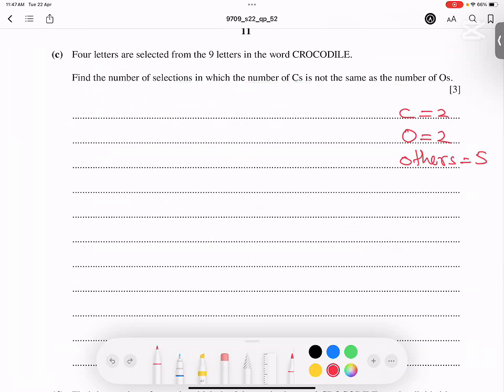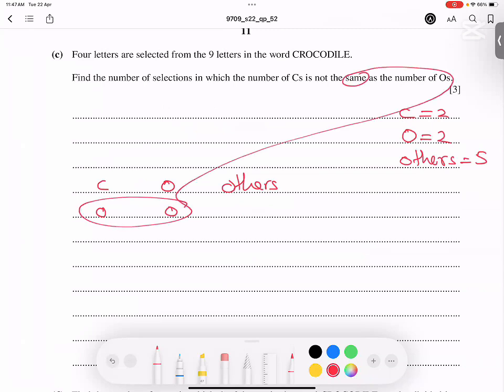So I make a plan here, C here, O here, and others. So let's see how many options we can have here. First of all, is it possible? Can I take both 0, 0 here and 4 from here? Not possible. Reason, because he said they should not be the same. So 0, 0 not possible. 0, 1 is possible.